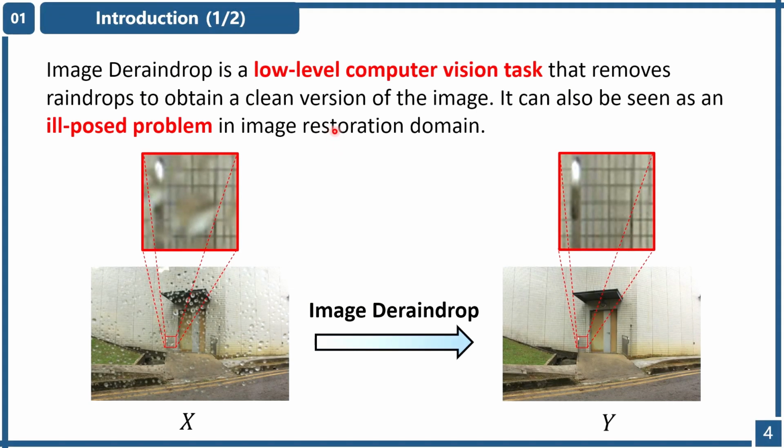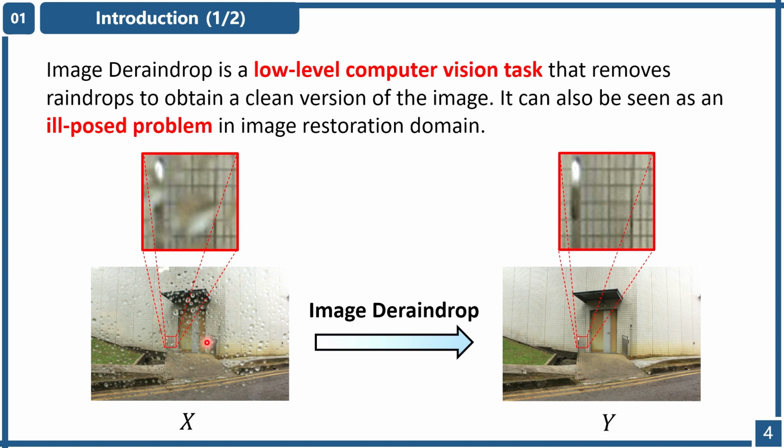Image Deraindrop is a specialized task in the field of low-level computer vision. Its aim is to remove raindrops from an image to produce a cleaner version. This task is often categorized as an ill-posed problem within the domain of image restoration. The following figure illustrates this concept.